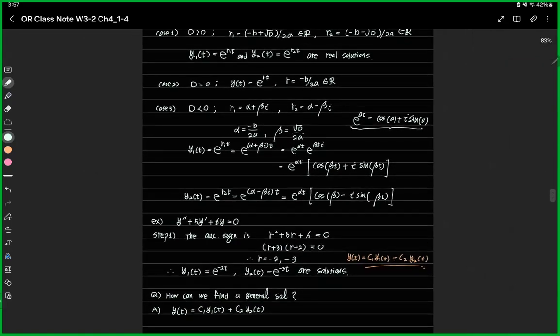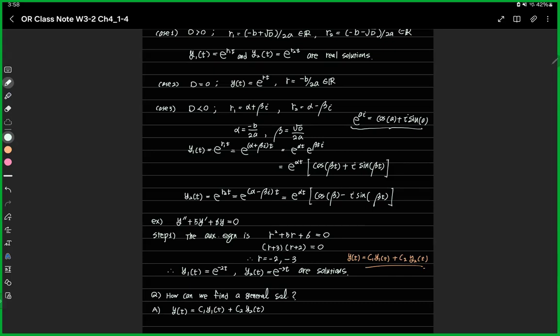If you set the general solution as c1 times y1 plus c2 times y2, which case are we gonna get a problem? Yes, case 2. If d equals 0, we're gonna get only one solution, not a pair of solutions. Then how can you find the general solution in case 2? That's the problem, right?